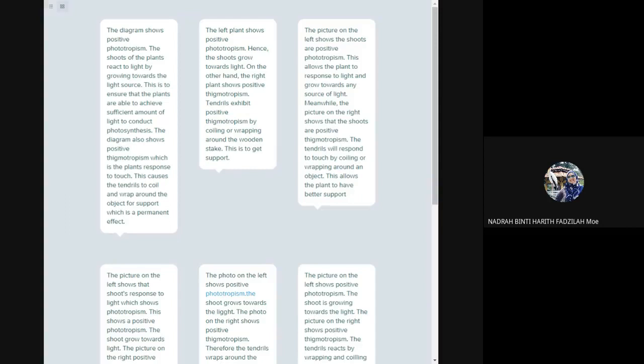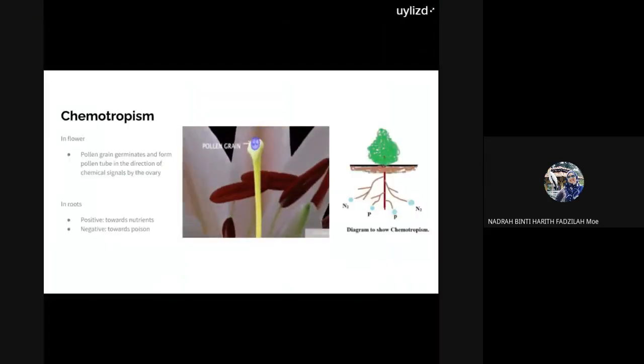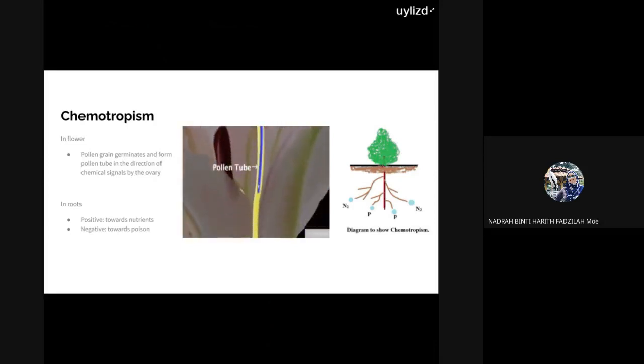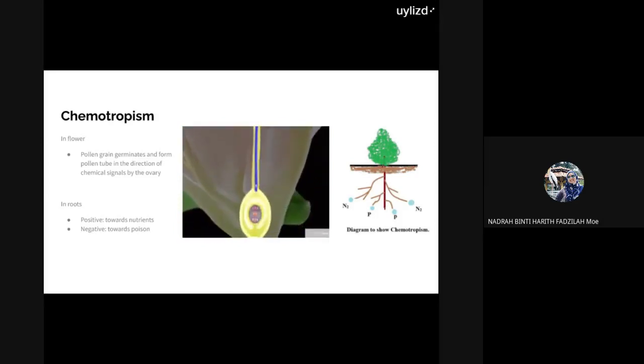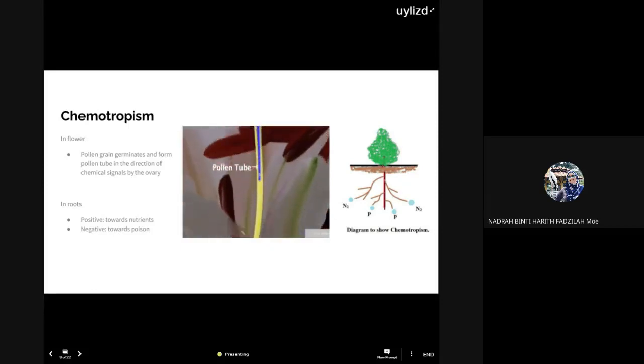Very good. Now, the final one is chemotropism. Now, in our syllabus, the mention of chemotropism is only about chemotropism in roots, which we can see the root grows towards the nutrient.